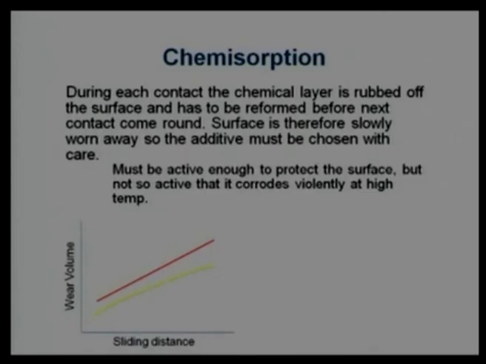Now, when you come to mixed lubrication, the chemisorption case, a chemical layer forms, and there is also loss of the metal surface, because the additive is reacting with the metal. When it is reacting with the metal, that means a fraction of that metal is also getting removed from the surface. How fast or how slow will depend on the chemical composition of the additives and the material, but generally it is non-linear.